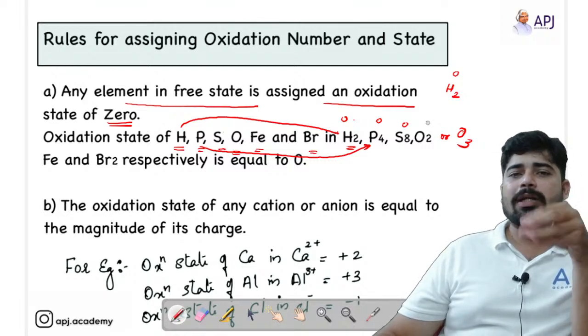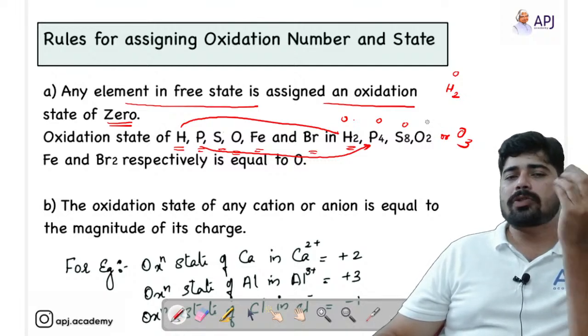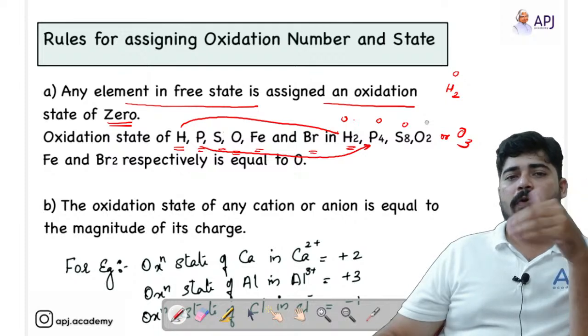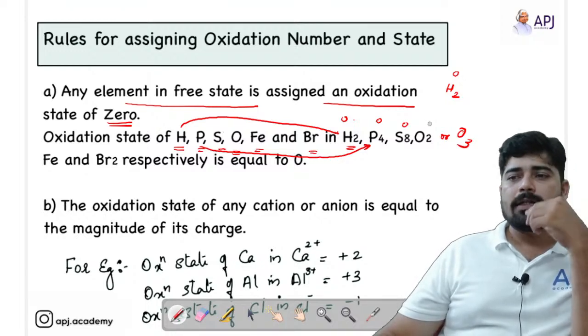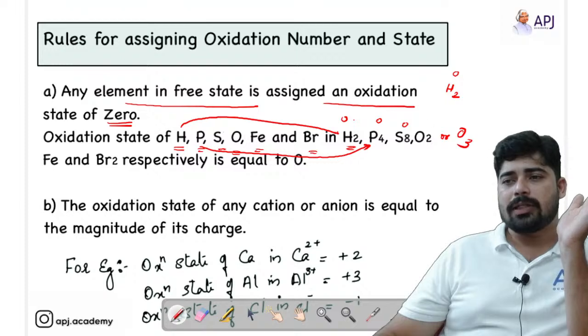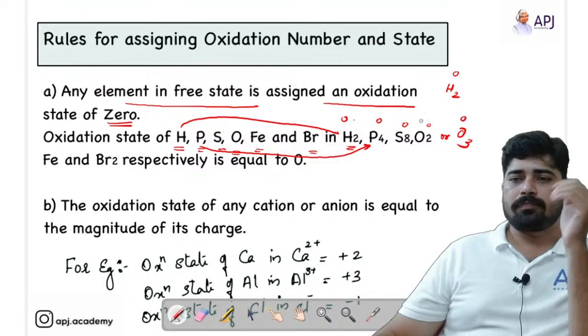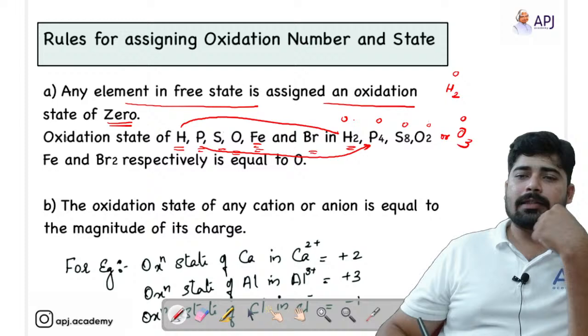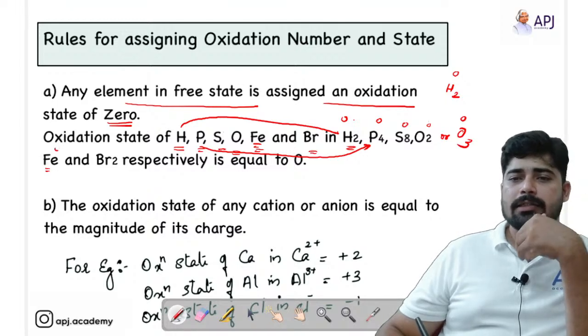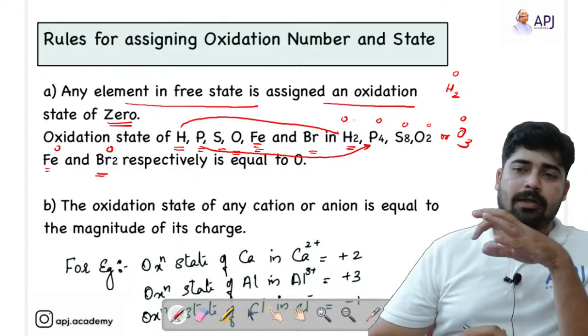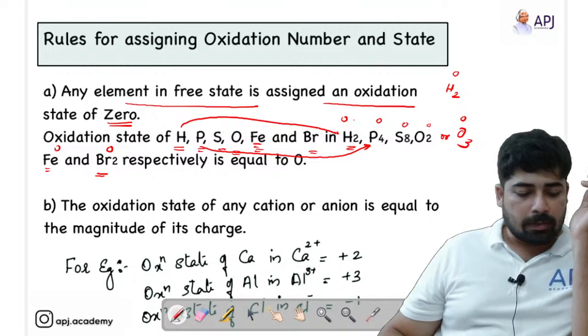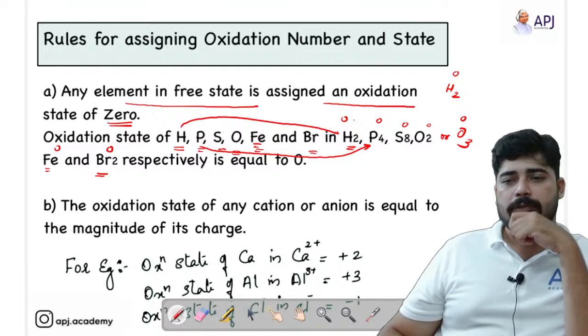In O2 and O3 only oxygen atoms are present, in P4 only phosphorus atoms, in hydrogen only hydrogen atoms. That is called the free state. So in all the free states, the element's oxidation number should be taken as 0. Iron exists as iron itself, so its oxidation state is 0. Bromine exists as Br2, and its oxidation state should be taken as 0. This is the very first point you have to remember. Hope this is clear, students.